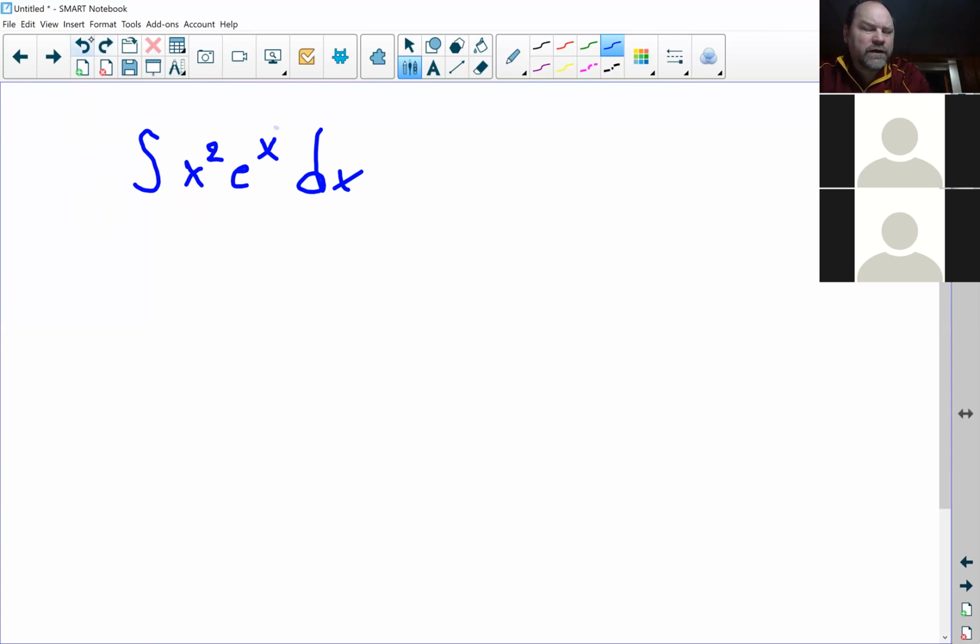So I wouldn't use substitution here. So in this case, I would have to use integration by parts, the u, dv, and fun things like that.